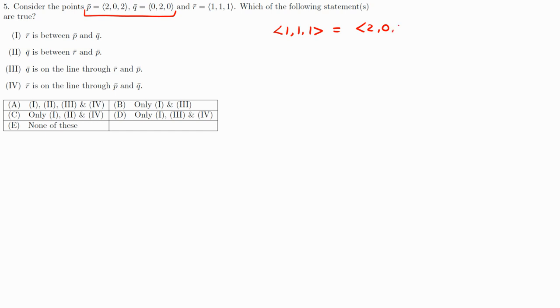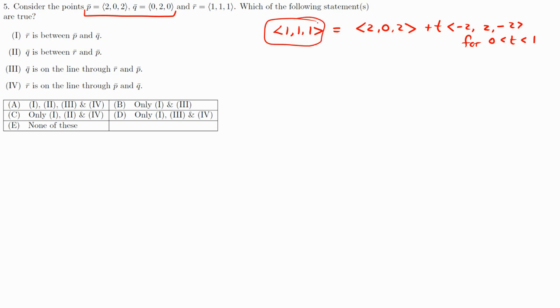P plus t times q minus p. So 0 minus 2, 2 minus 0, and then 0 minus 2 again, for some t between 0 and 1.